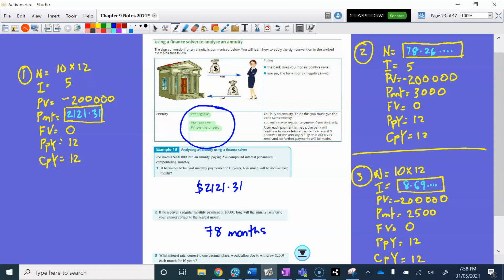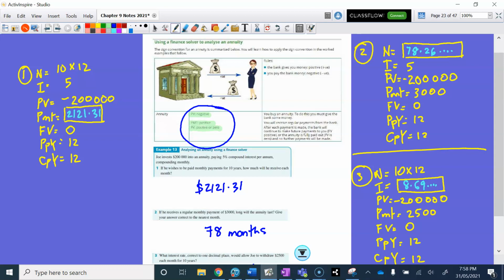Because the payment is coming this time to you rather than away from you, the payment will be positive. And the future value, because it's your money that's being talked about, or Reese's money or Joe's money, whoever's money we're talking about, it's their money. So the future value is always going to be either positive or 0.